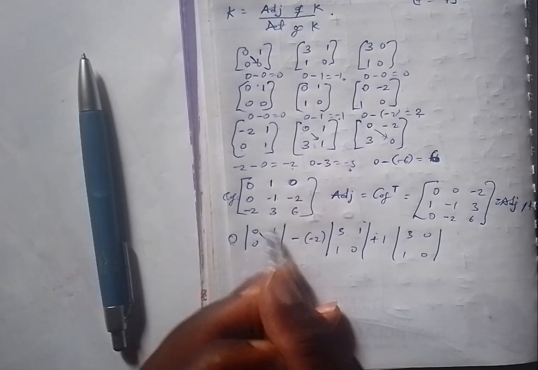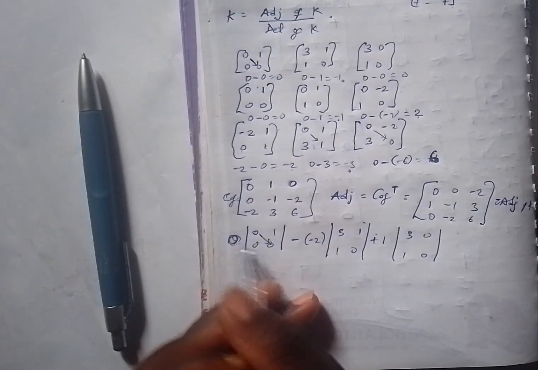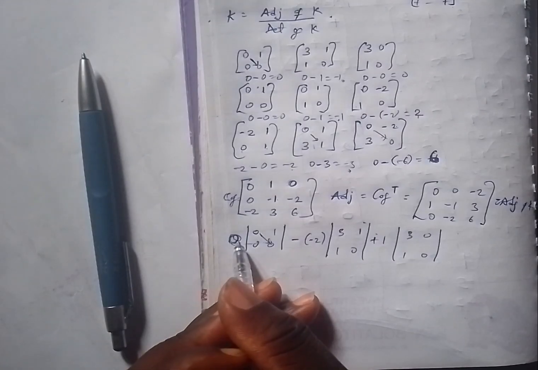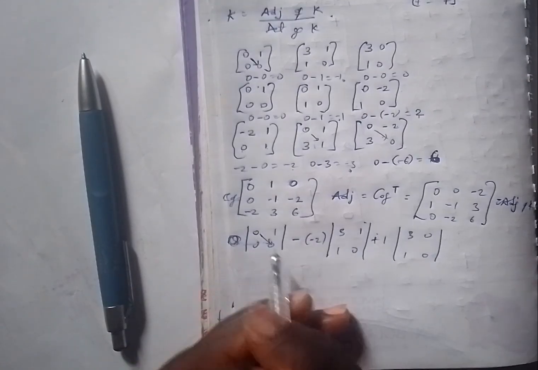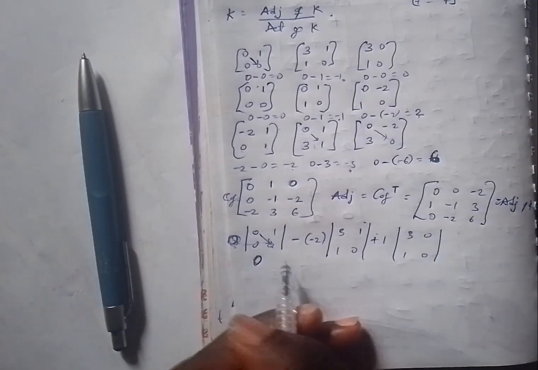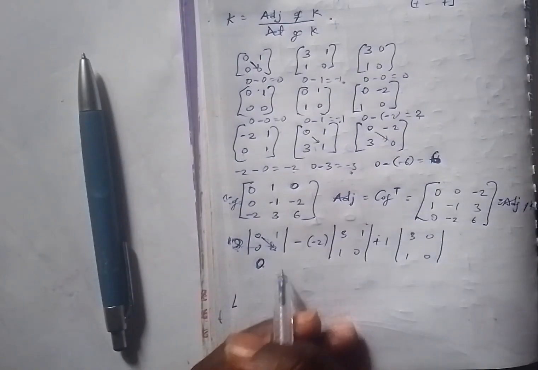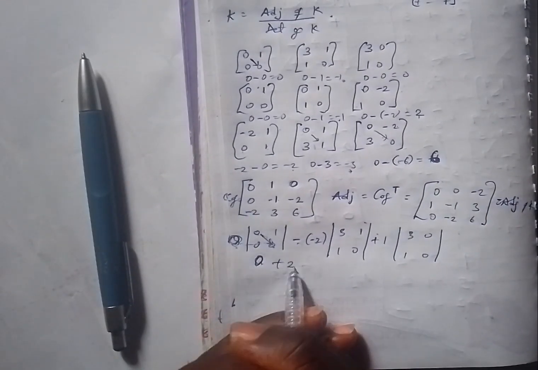But whatever this determinant is, by the time we multiply it with this 0, the coefficient of it, this will turn 0. So there is no point stressing yourself. Even though the determinant here is 0, 0 times 0 is still 0. So minus times minus will give you a plus 2.